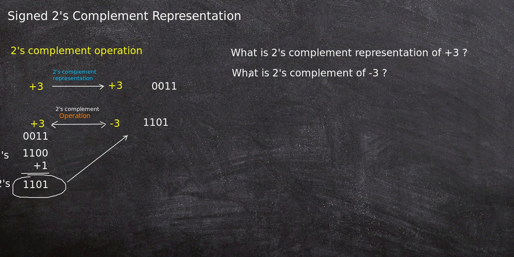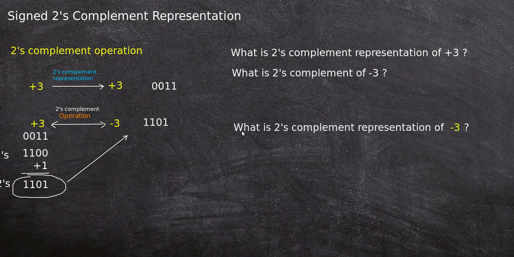If the second question is asking what is the 2's complement of -3, that is +3. So in our answer, we need to represent +3 in 2's complement representation, and here it is directly asking for the representation. Okay, so this is the main crucial thing.